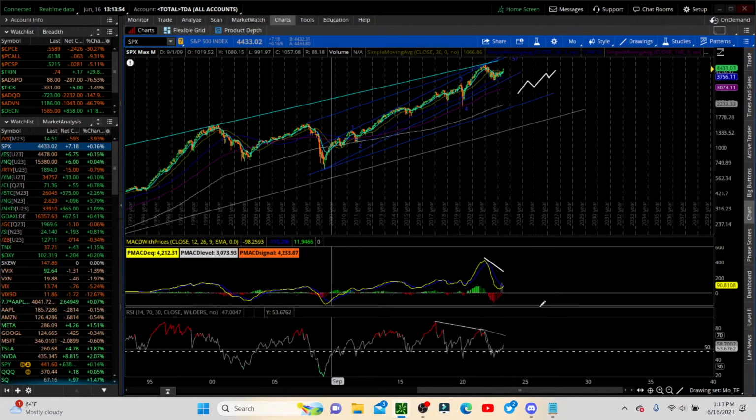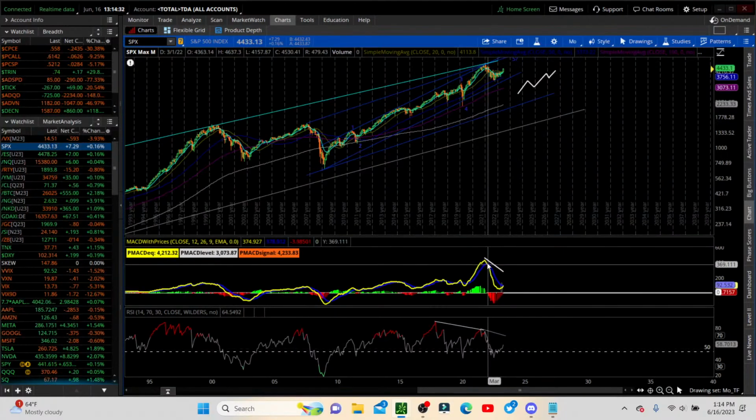That's the divergence. It should happen twice, which is called a 3-peak indicator, which means 1, 2, 3 peaks, lower highs, lower lows, and up here the price making higher highs and higher lows. All right, now let's go down to the weekly time frame.